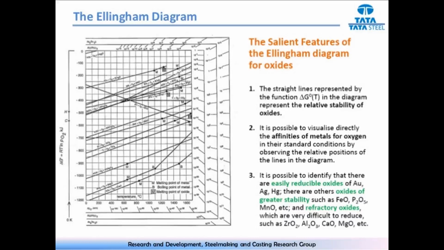It is possible to identify easily reducible oxides of gold, silver, mercury; other oxides of greater stability such as FeO, P2O5, MnO, etc.; and refractory oxides which are very difficult to reduce such as ZrO2, Al2O3, CaO, MgO, etc. So, these are the salient features of the Ellingham diagram.